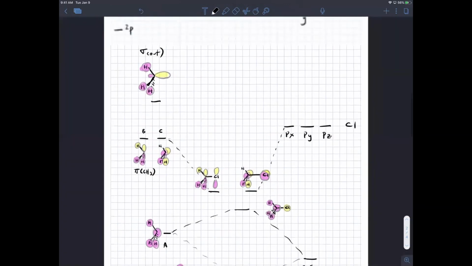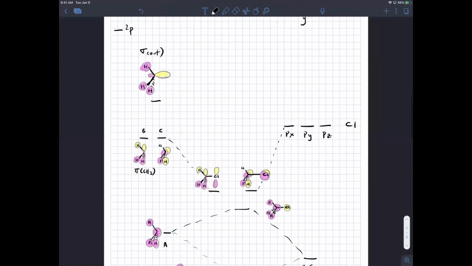Okay. And then of course we would have the corresponding out of phase combinations, which we could put here.